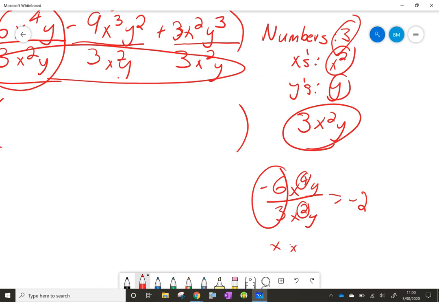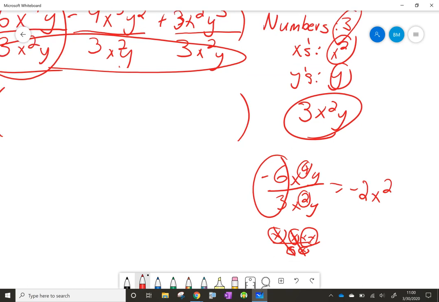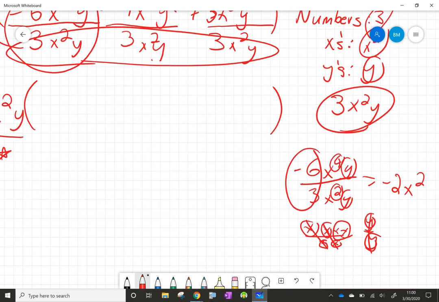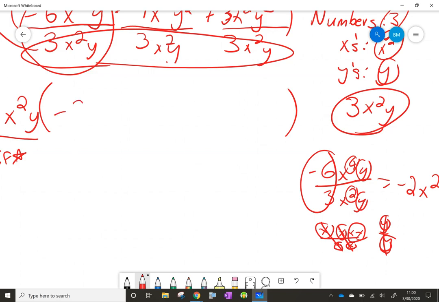One pair cancels, 2 pairs cancel, and that leaves you 2 extra x's on top. You also have 1 y on top and 1 y on bottom, which pair up and cancel, so there's no more y in that term. So it's simply negative 2x squared.